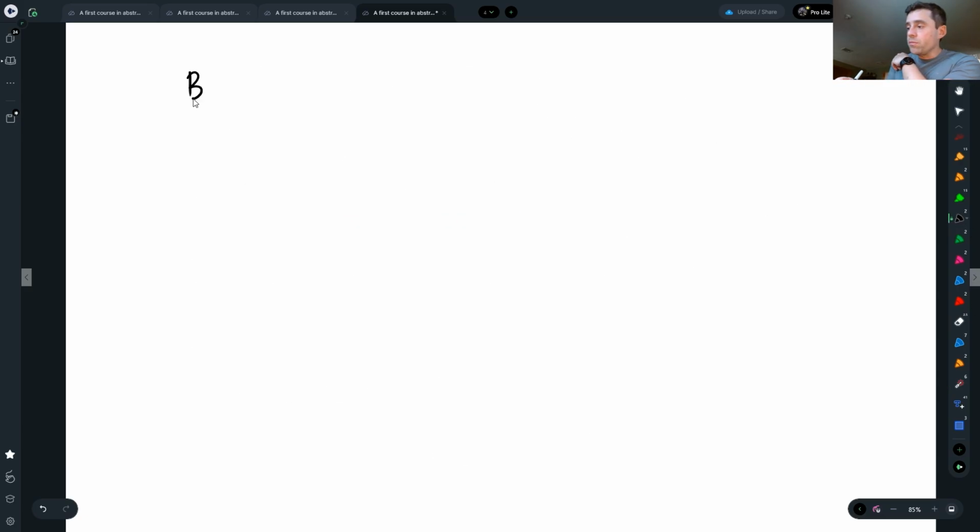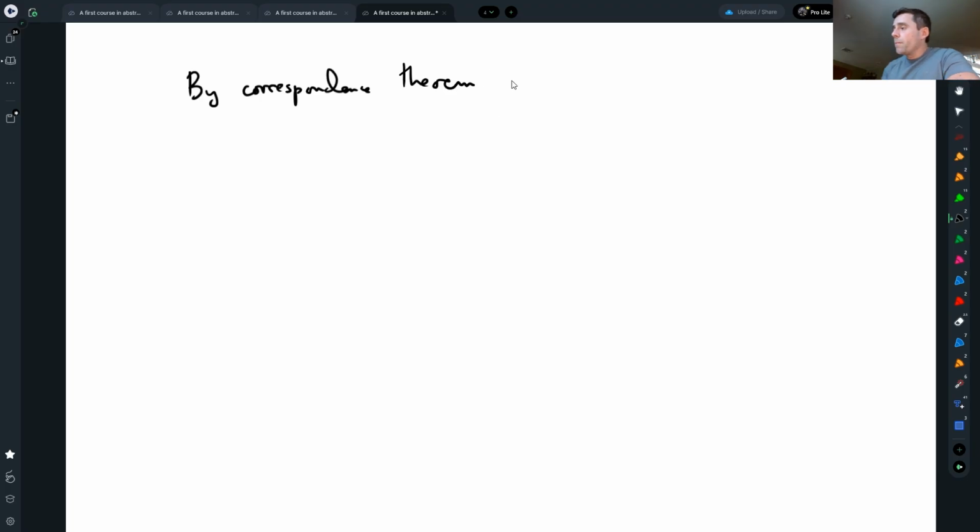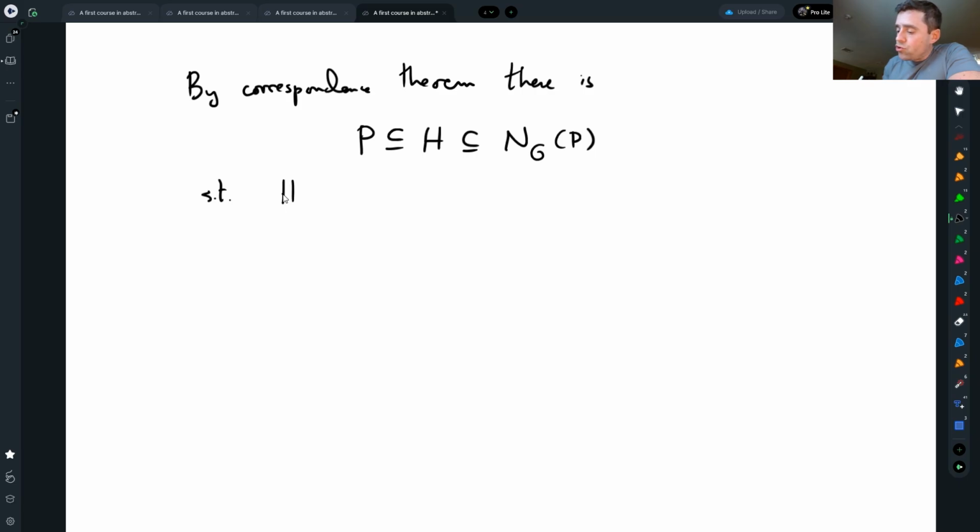So by the correspondence theorem, there is some other subgroup H containing P, a subgroup of the normalizer, such that H modulo P is the subgroup generated by that coset XP.